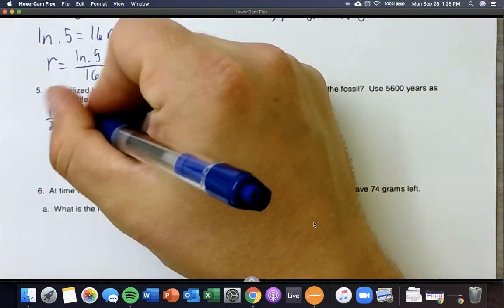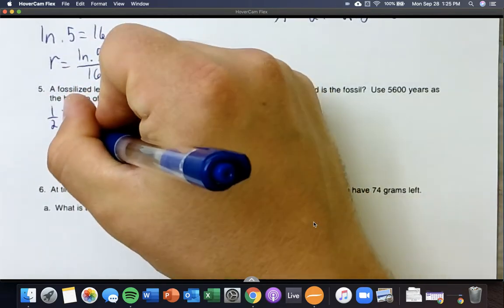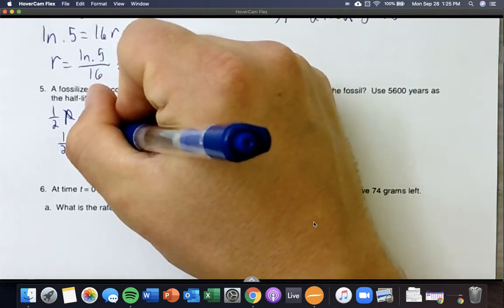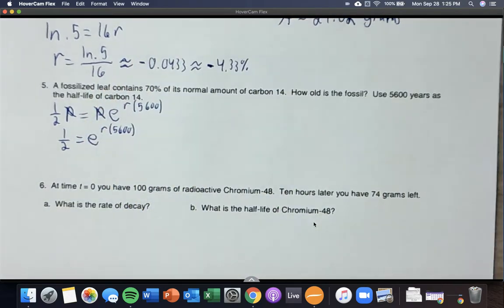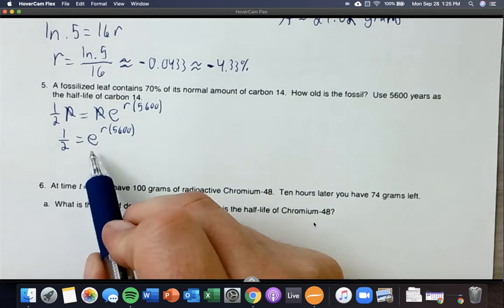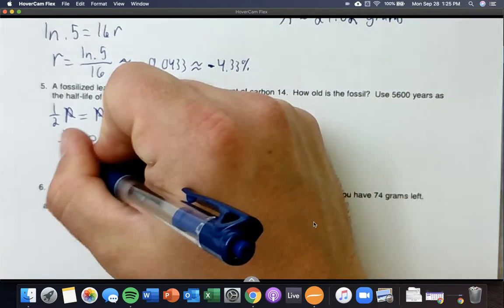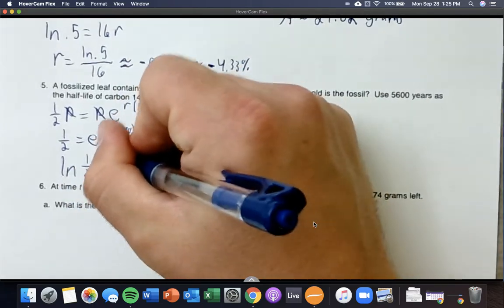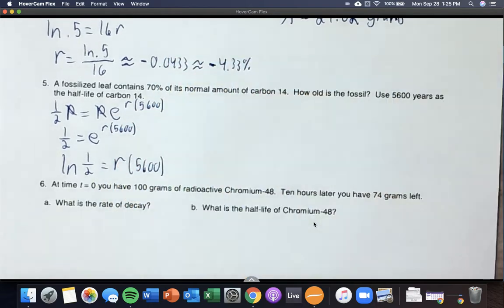Right, these P's are going to cancel, and we get 1/2 is equal to e to the r times 5,600. We can convert that to the natural log form, right? Because log base e, same thing as natural log, of 1/2 is equal to r times 5,600.